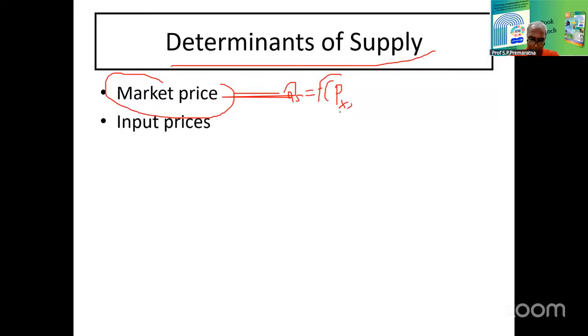And at the same time, input prices. We consider other determinants, including labor and all the other inputs, raw materials and all the input prices, even the interest rate, because that is also one of the determinants that decide the supply, the loans we take and things.